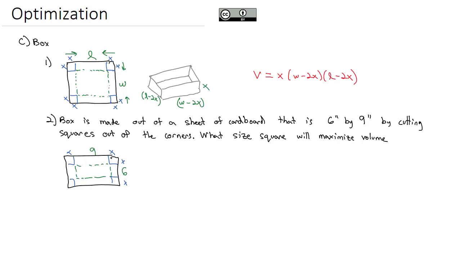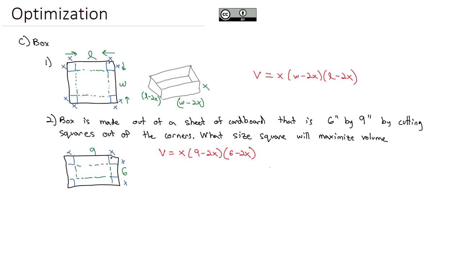So just like our equation above found, the volume is going to be equal to x, which ends up being the height of the box. The 9 had 2 x's cut out of it, so now it's 9 minus 2x. And the 6 had 2 x's cut out of it, so now it's 6 minus 2x. That volume is what we want to maximize.